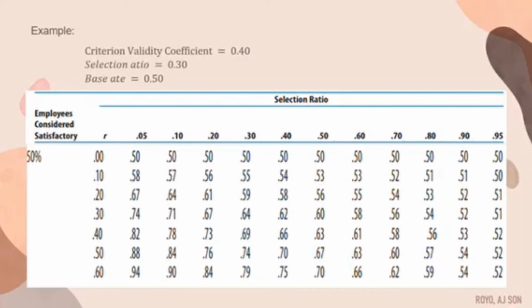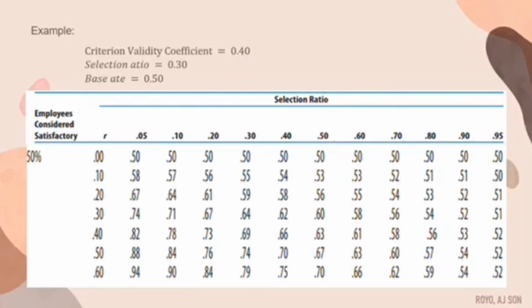Okay, and then isunod naman natin hanapin yung 0.40 under ng criterion validity coefficient. Okay, and last, we need to locate the selection ratio, which in this case is 0.30. As you can see, ang intersection ng tatlong value na given based on Taylor-Russell table is 0.69.